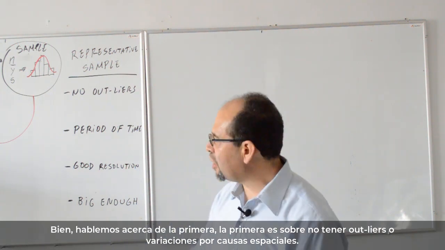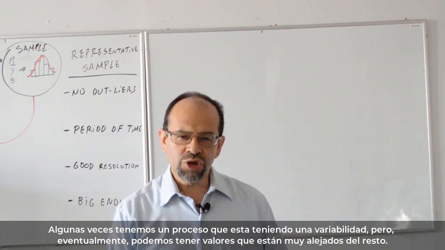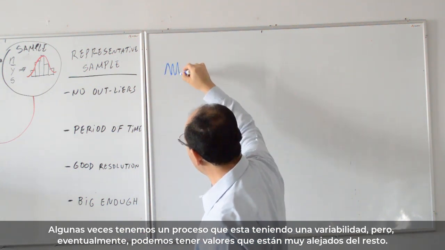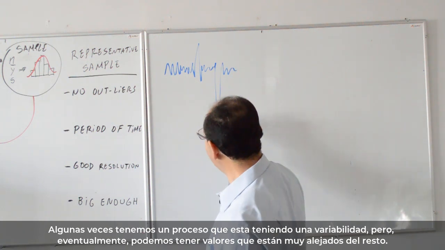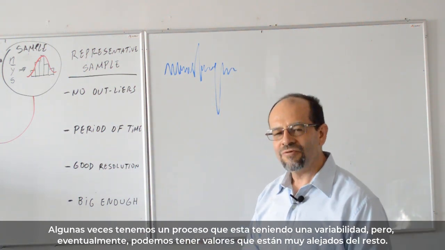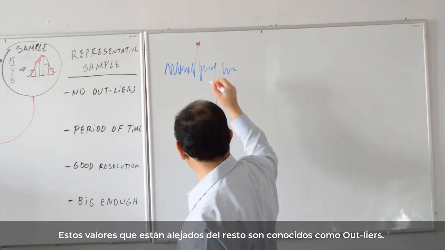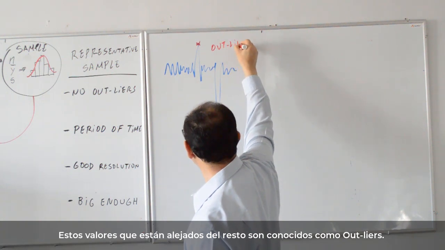The first one is about no outliers or special causes of variation. Sometimes we have a process that has variability, but eventually we may have values that are far away from the rest of the others. These values are known as outliers.